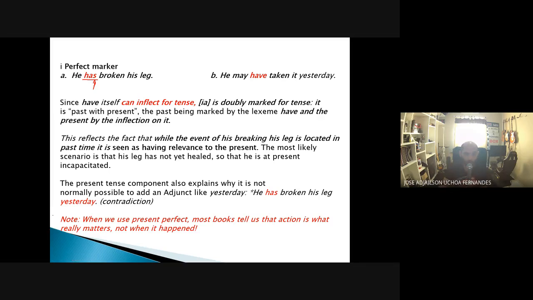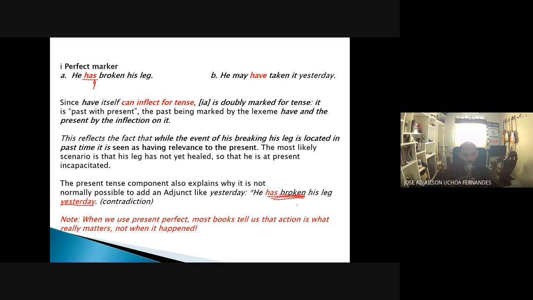So this time expression, this adjunct, this adverbial form, is not necessary because the focus is on the verb to break. He has broken. This is what is really relevant for me, not when it happened.